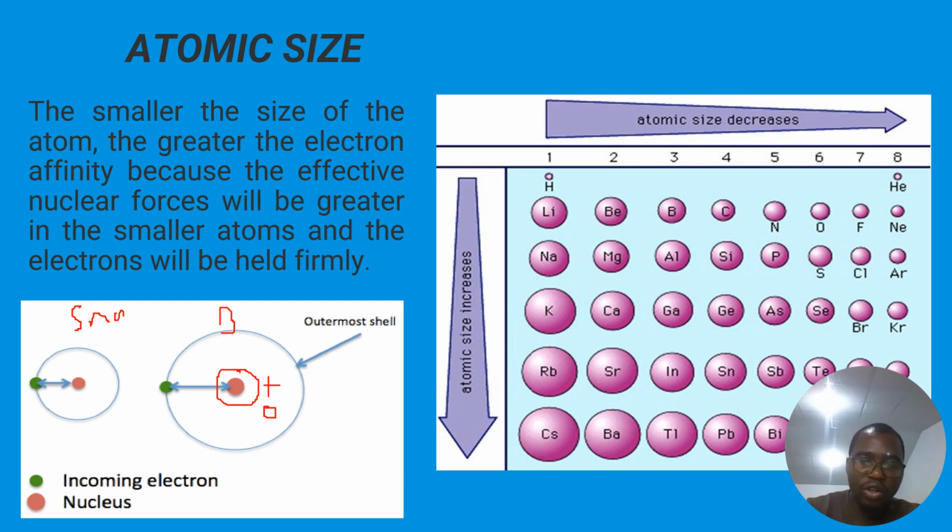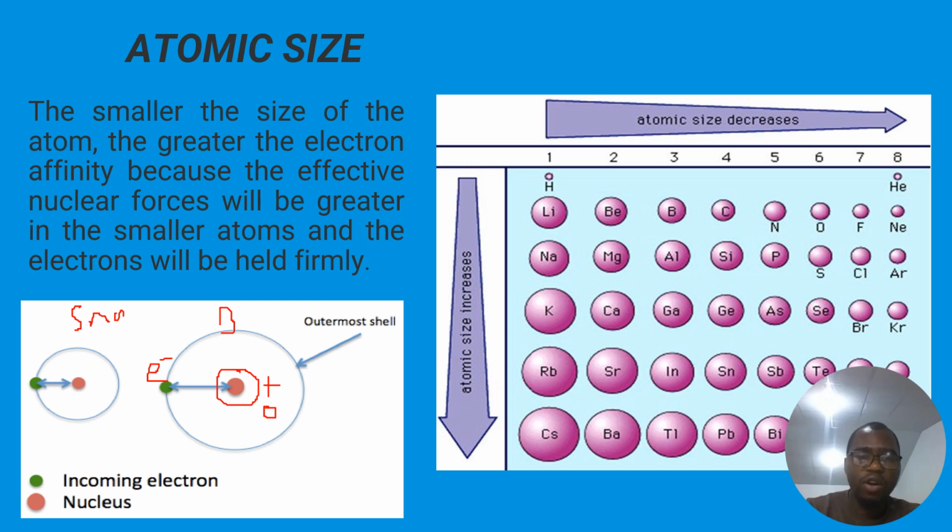Then in the shells, we have the electrons. Now the electrons, we know that they are negatively charged. So opposite charges attract, as the general rule is. So there is always an attraction between the electrons and the positively charged nucleus. So this attraction here is an electrostatic force of attraction.